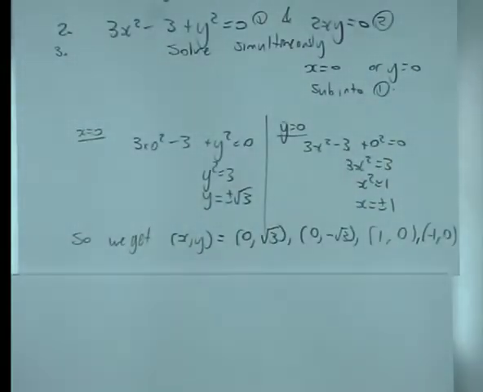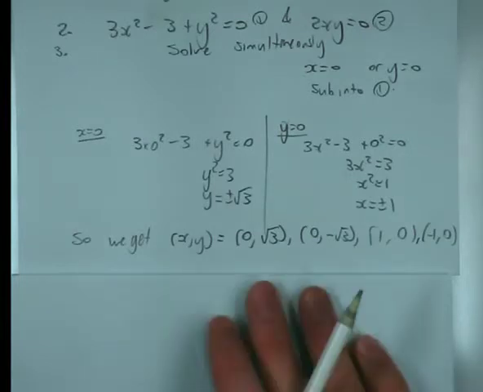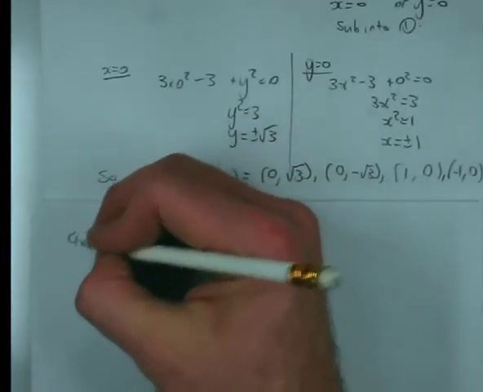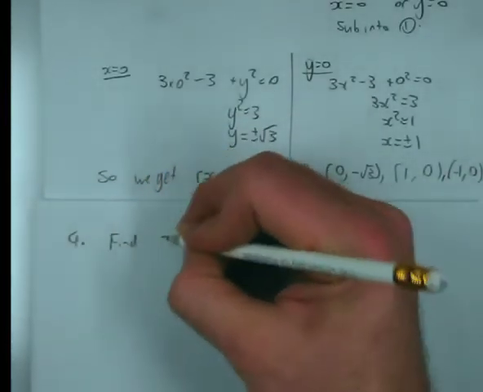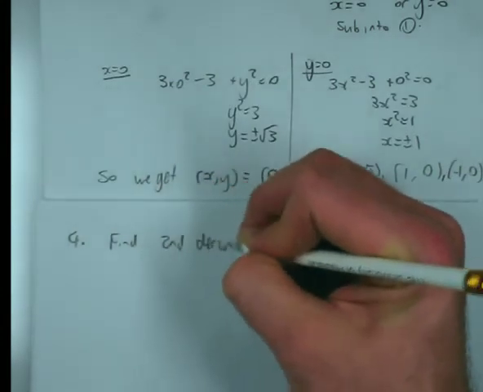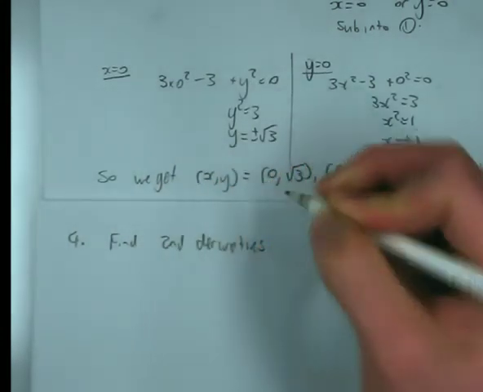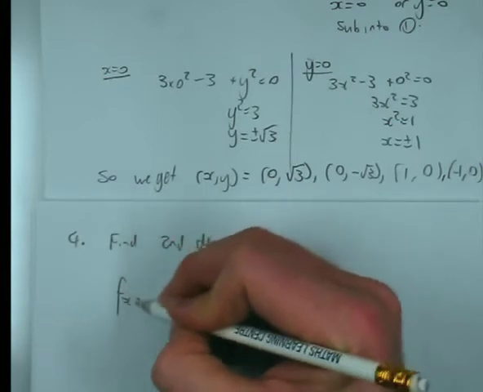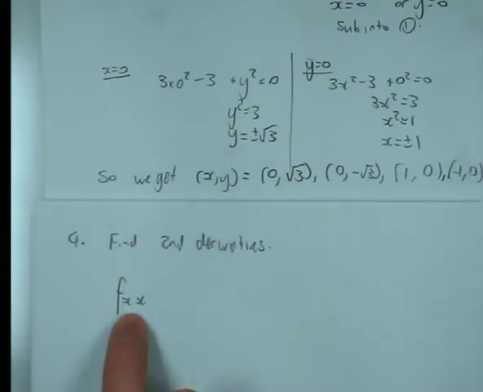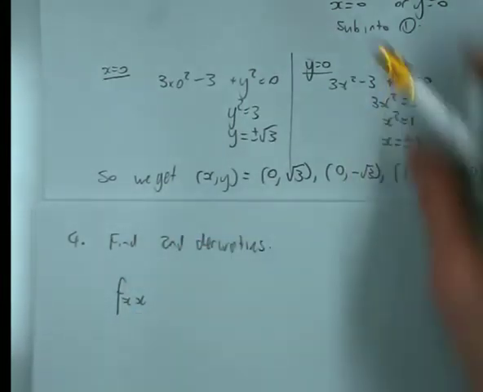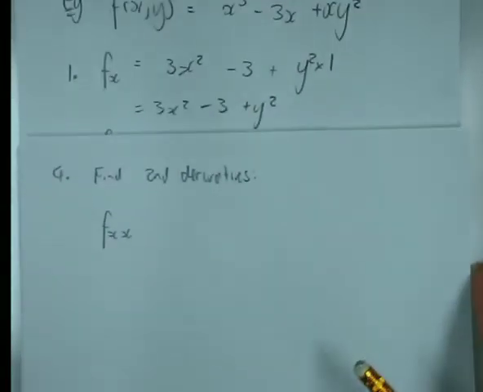Okay. My step 4 was find the second derivative. Okay, so fxx means I first differentiate with respect to x and then I differentiate with respect to x again. So I go back to my previous formula for fx and I differentiate it with respect to x.